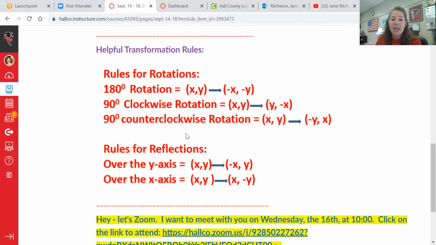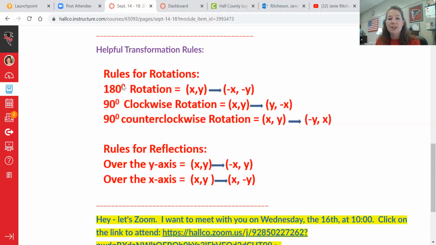So this notation is telling you what's going to happen to the coordinates. For example, let's say there's a point at 1, 2 on the coordinate plane. So from the origin, you go right 1 and up 2. If I turn that figure 180 degrees, what would the new coordinate be?